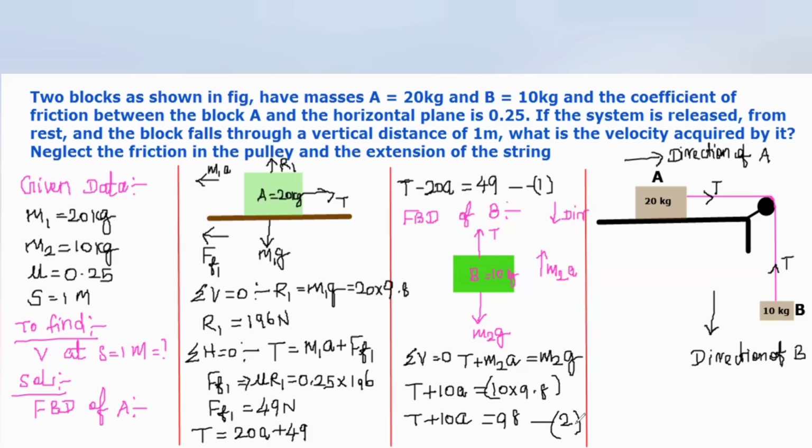Now we have two equations. T minus 20A equals 49, this is the first equation. T plus 10A equals 98, that is the second equation.